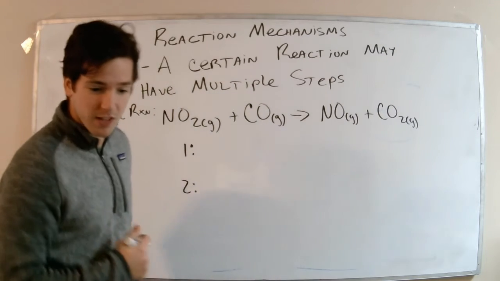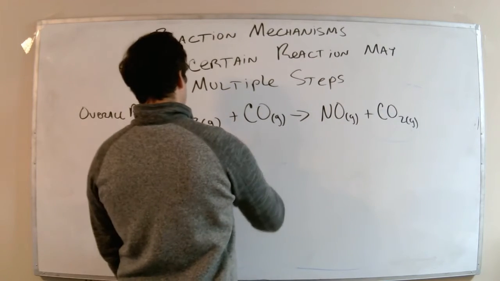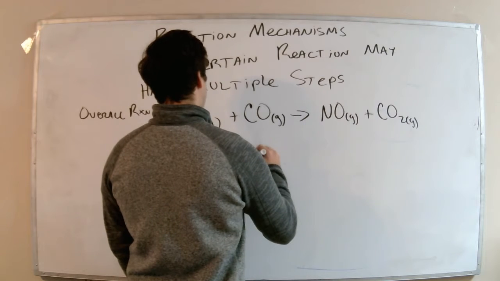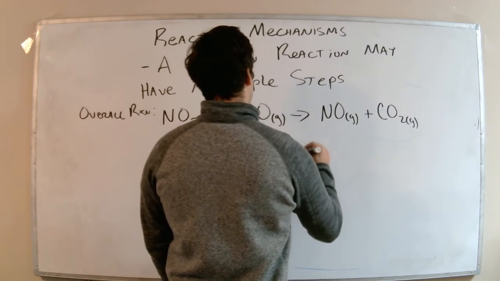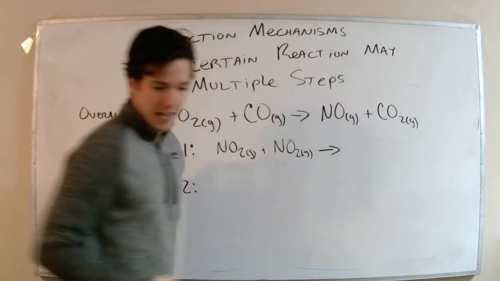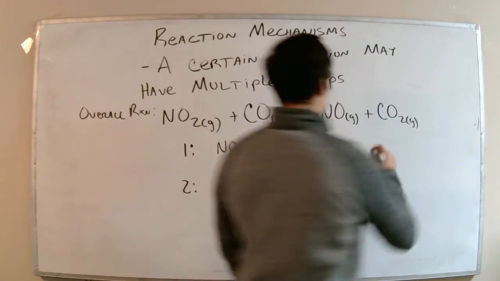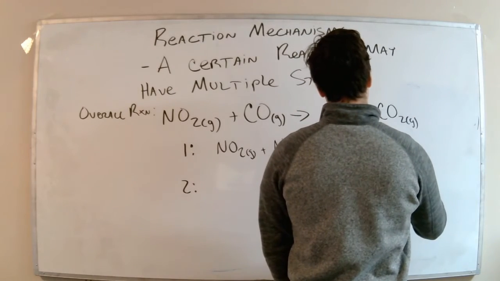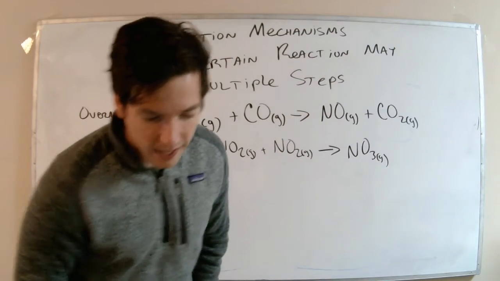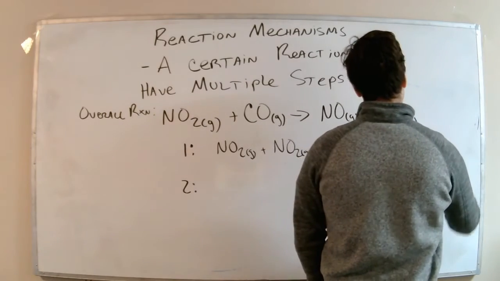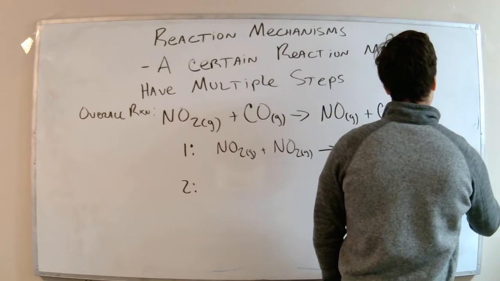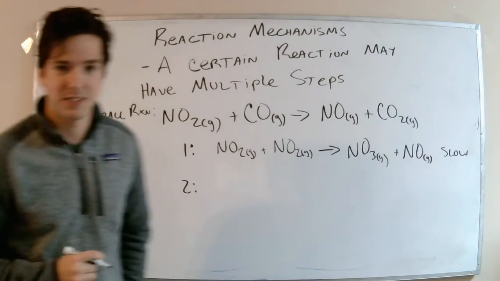So the first step of this reaction would be NO2 gas plus NO2 gas, and it will form NO3 gas and NO gas. And it might say something like, this was the slow step.